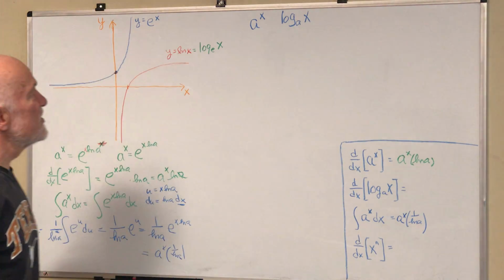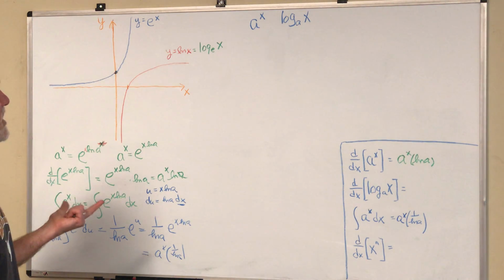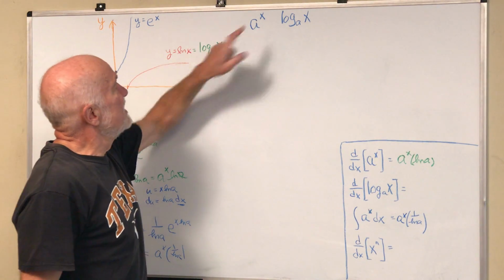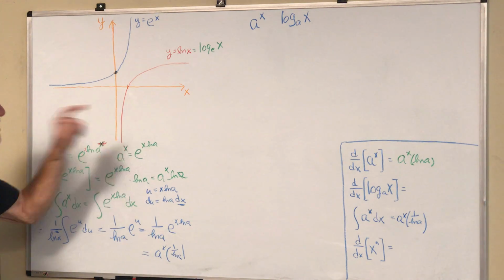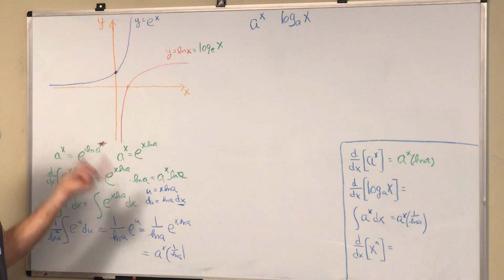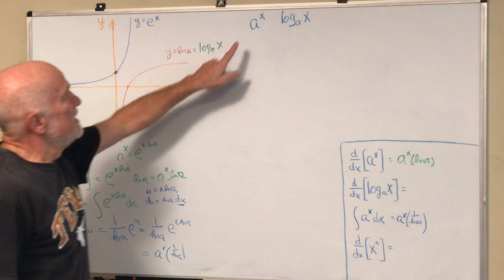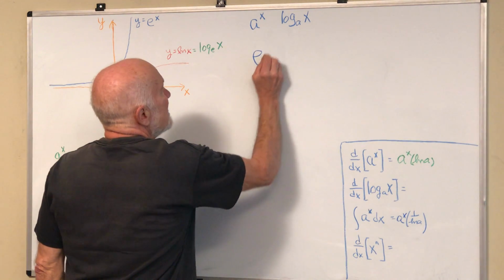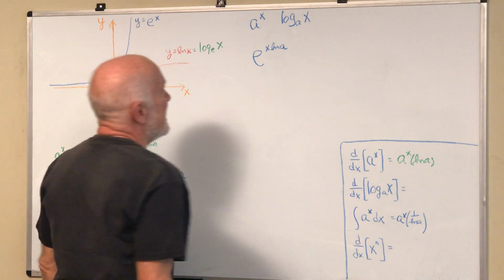So the question is, what is the relationship between log base a of x and a to the x, as far as how they relate to log base e and e to the x? So we're looking for an inverse function of a to the x. Well, that is e to the x ln of a.